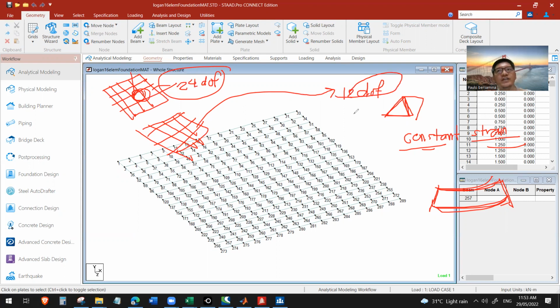Now, in order to get the same answer with the STAAD, what we did is ni-refine natin yung mesh into smaller size, di ba?